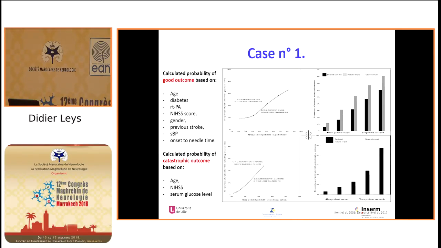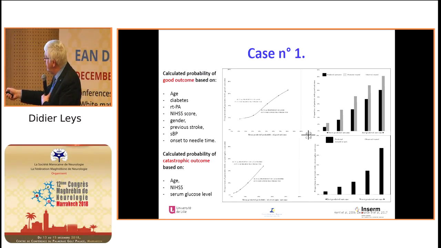Here you have the mean predicted probability to have a good outcome, which is a modified Rankin scale of 0 to 2. If you put these variables in, you can calculate for each individual patient the probability to have a good outcome or the probability to die, but the variables are not the same. For catastrophic outcome, it's death or Rankin 5.